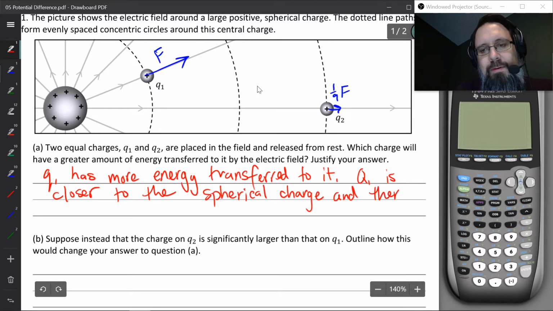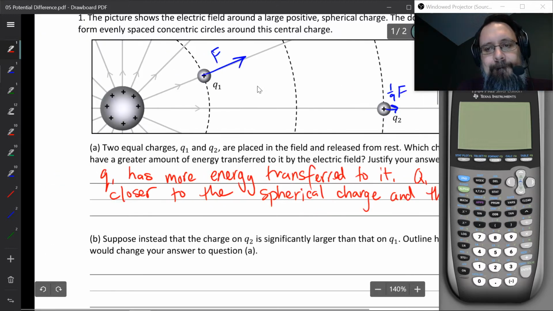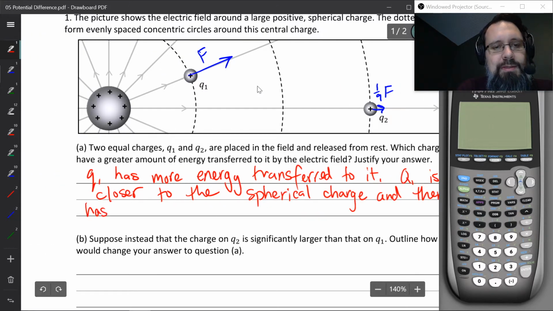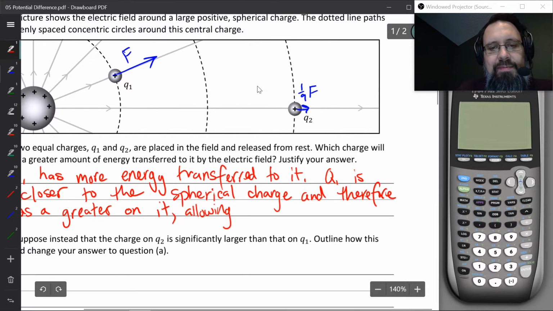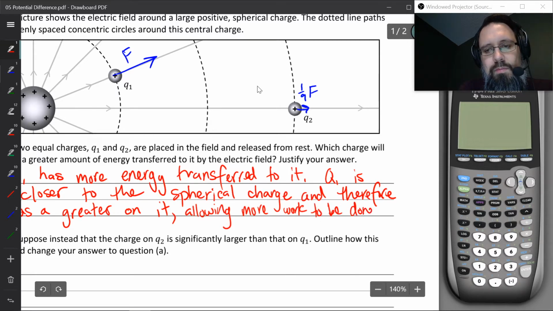And therefore has a greater force on it. And then we'll say allowing, maybe put like a semicolon, allowing more work to be done on it by the E field, I'll say.